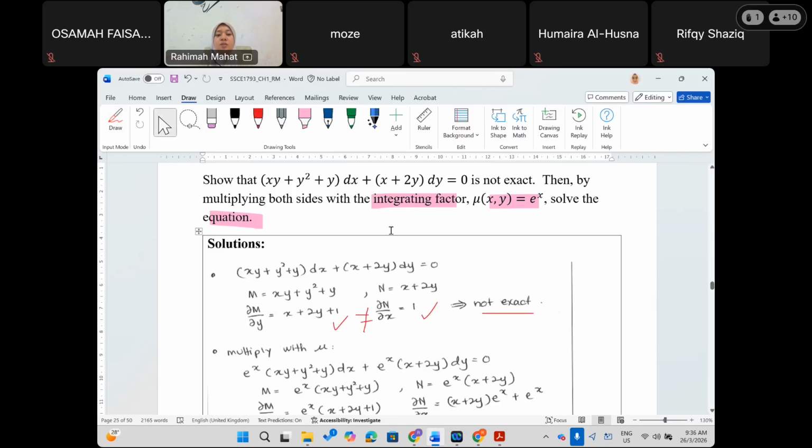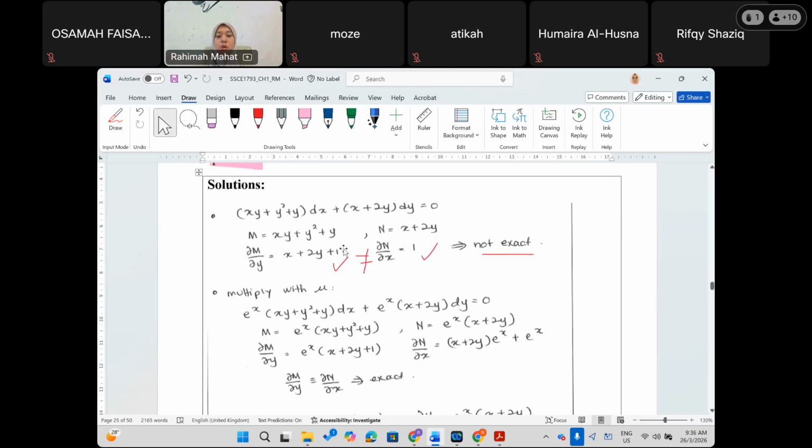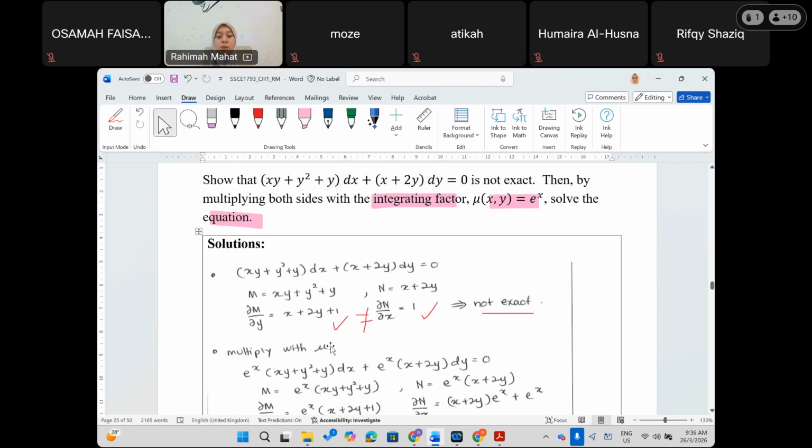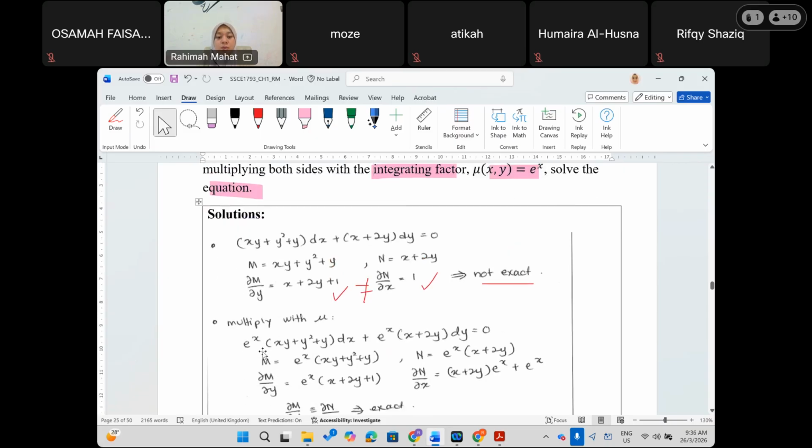And your next step is you need to multiply with mu. From the equation here, you need to multiply with e to the x. Both are multiplied with e to the x. So this is e to the x, and this is also e to the x.